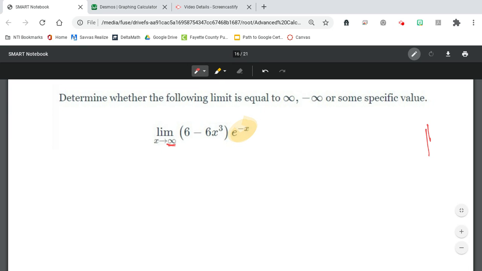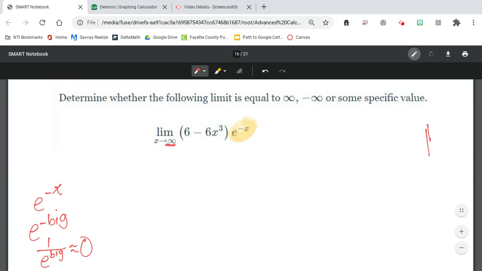So I'm going to think about e to the negative x, but I'm going to substitute in really large values for x. So like e to the negative big. But again, a negative exponent means that you take that term and put it on the other side of the fraction. So in this case, the denominator, 1 over e to a big number. And so 1 over e to a big number is really 1 over a really big number, which is essentially 0.